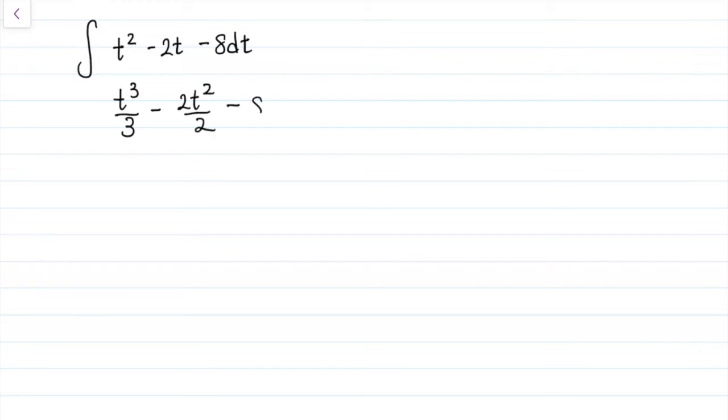We'll use the power rule and get t to the 3rd power over 3, minus 2 times t to the 2nd power over 2, minus 8t. We can now evaluate this integral over the two intervals. Remember that for the interval t equals 1 to t equals 4, we're going to take the absolute value of the result in order to sum up the total distance correctly.